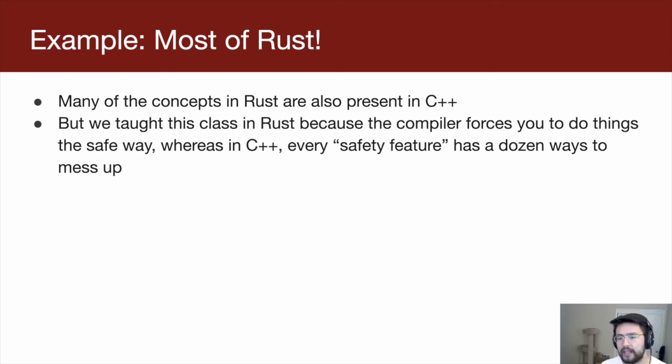C++ has a class called optional that does the exact same thing. But in Rust, things tend to be safe by default, by design. Somebody put a lot of effort, actually a lot of people argued a lot, about how to make things as safe as possible, with as few ways to cut yourself while still having the same power and performance. And this is not really the case in C++.